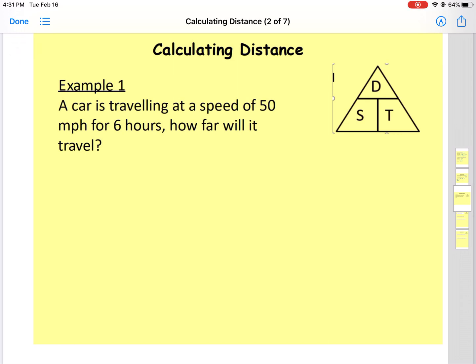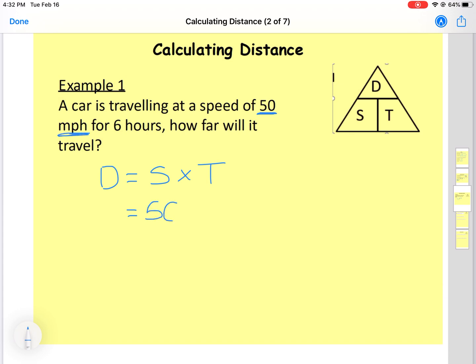Generally we're talking about people driving or vehicles moving. So in this case we're told that a car is travelling at a speed of 50 miles per hour and it's travelling at that speed for 6 hours. So we can say then distance is speed times time, and I'm going to write that formula each and every time. So our speed, 50 miles per hour.